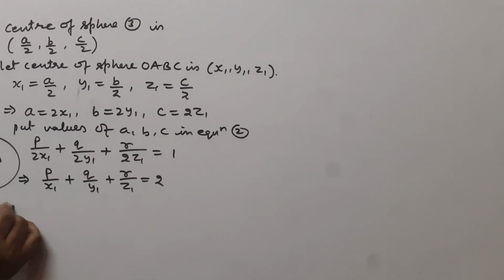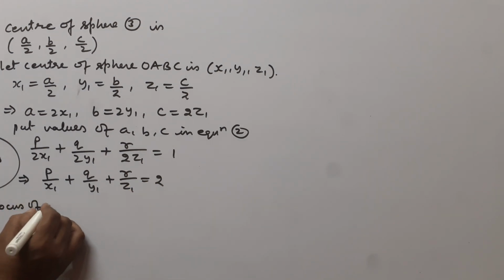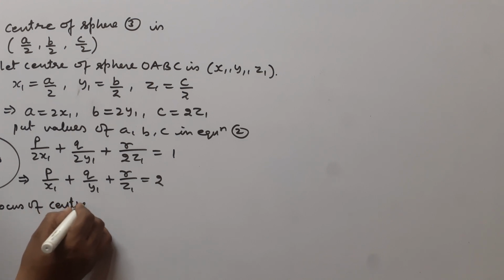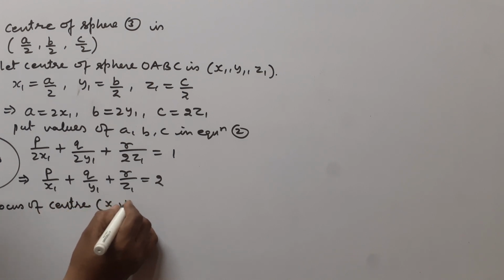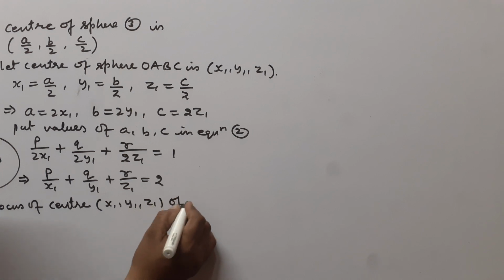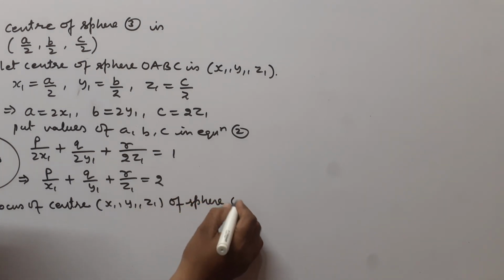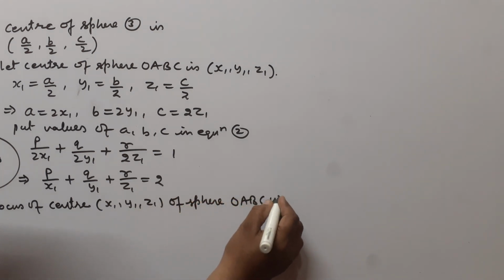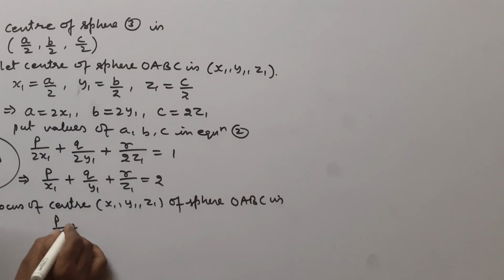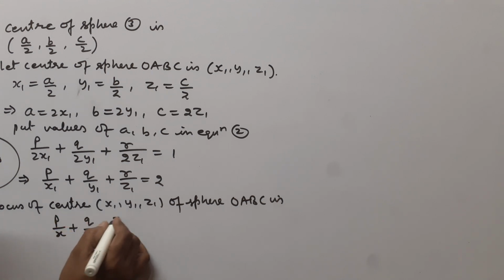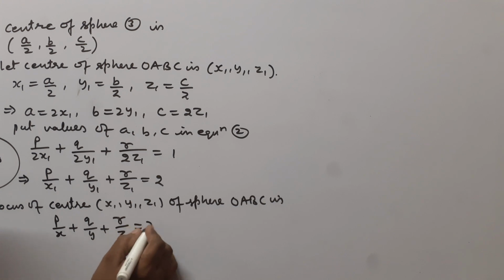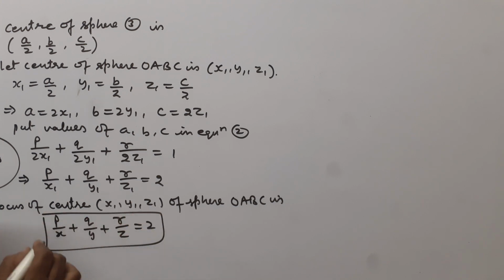So the locus of the center (x1, y1, z1) of the sphere OABC is P upon x plus Q upon y plus R upon z is equal to 2. This is the locus of the center of the sphere which is passing through the 4 points O, A, B and C. Thank you.